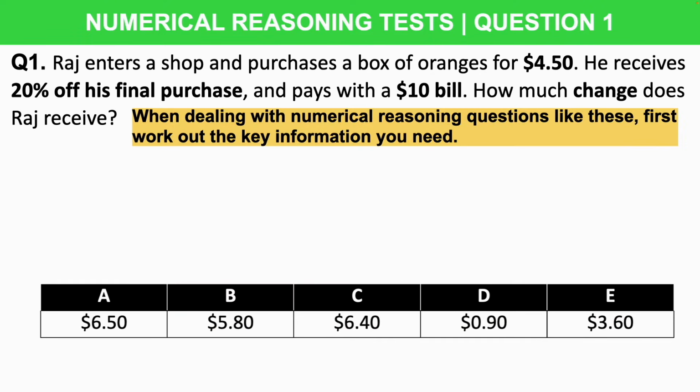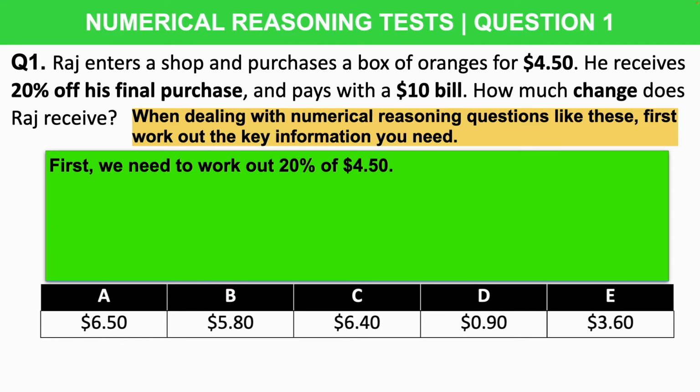Now, when dealing with numerical questions like these, first work out the key information that you need. You will notice I've put the key information in bold. So first, we need to work out 20% of $4.50. To do this, we need to divide $4.50 by 100 and times it by 20 to work out what 20% of $4.50 is. This will give us 90 cents.